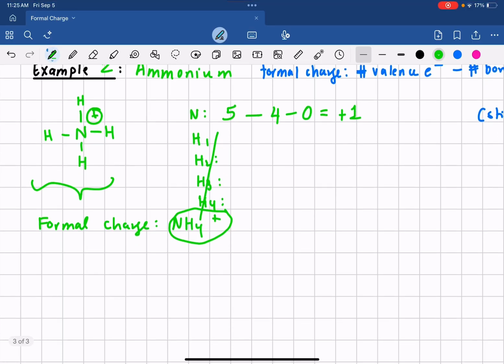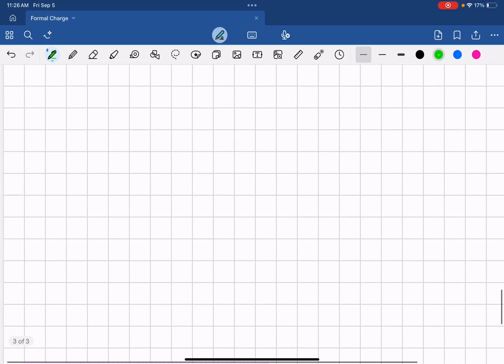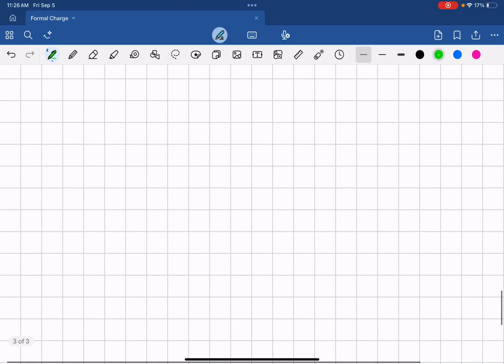Now I'm going to allow you to practice with a couple of examples. Let's go ahead and try option 1, and then option 2, and then option 3. OH minus, BF3, and HCN.